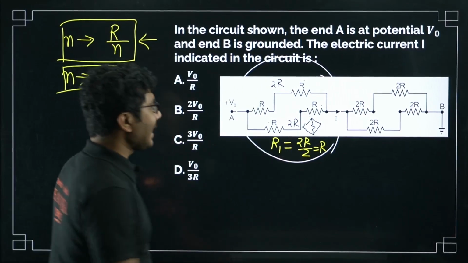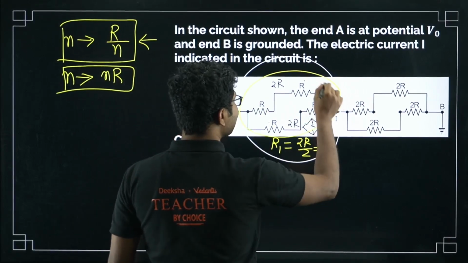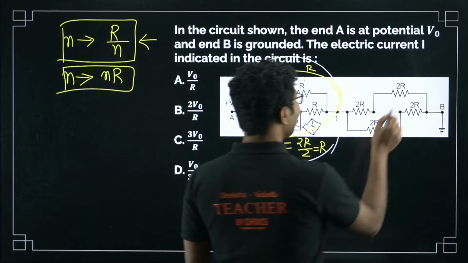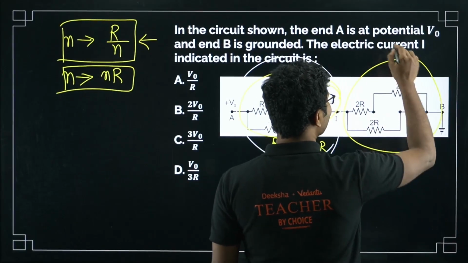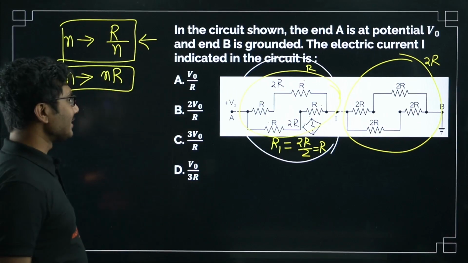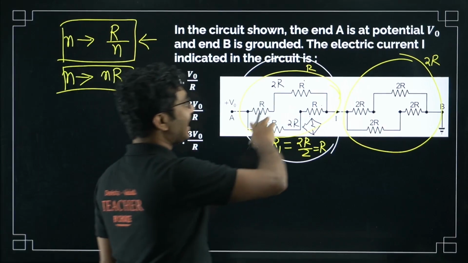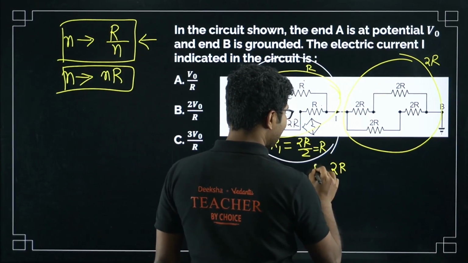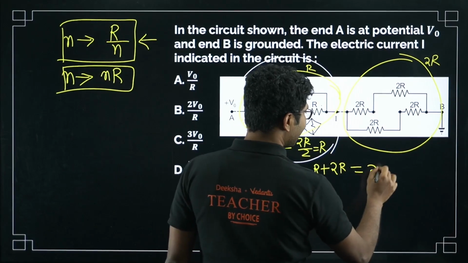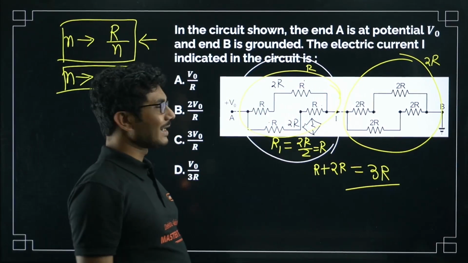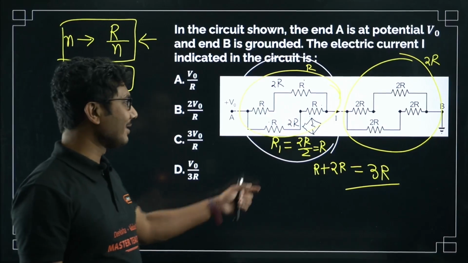The entire part here is basically R. Similarly, if you do the same thing on this side, you will get 2R. So what is the total resistance? R plus 2R, that is 3R. This big, scary looking circuit breaks down to 3R.